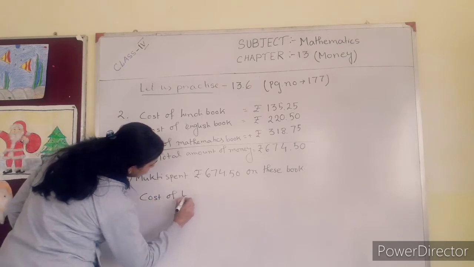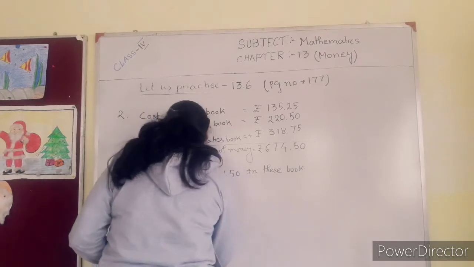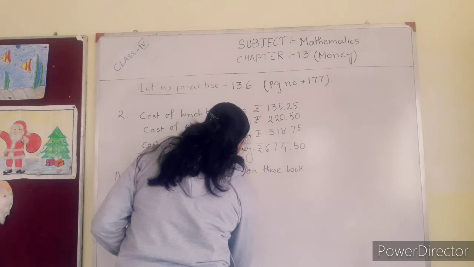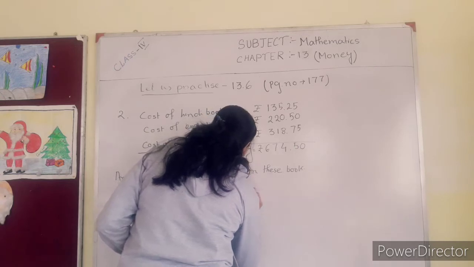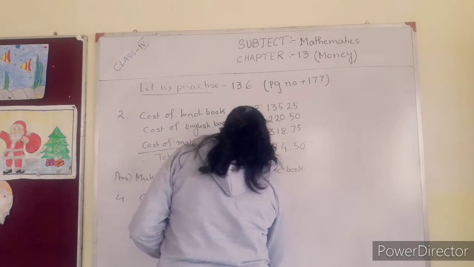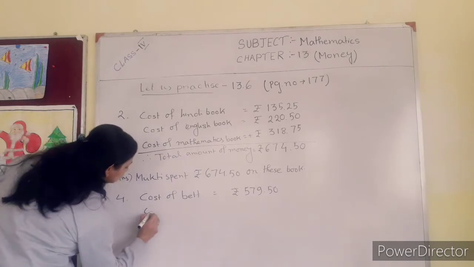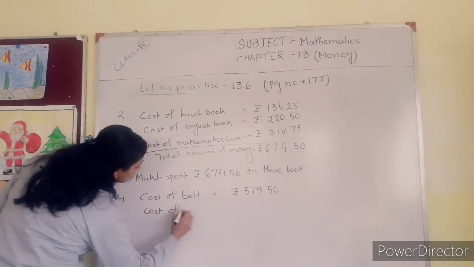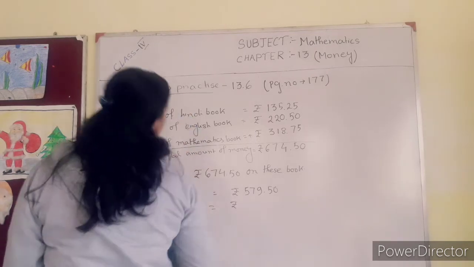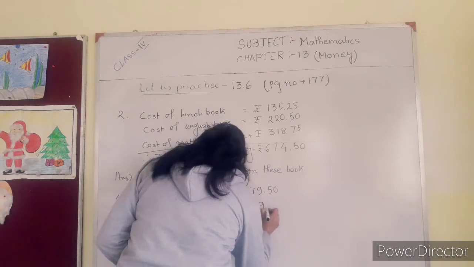Cost of belt equals rupees 579.50. Cost of tie equals rupees 429.25.